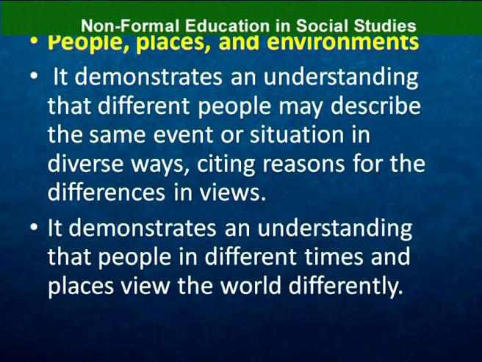Then people, places and environment. In everyday life, social studies talks about people, different places and different environments. It demonstrates an understanding that different people may describe the same event or situation in different, diverse ways. Each individual is unique according to his own abilities, capacities, interests, likes and dislikes.